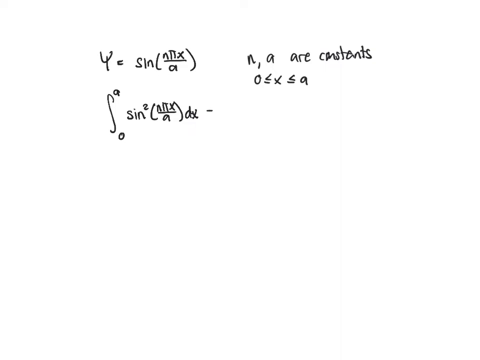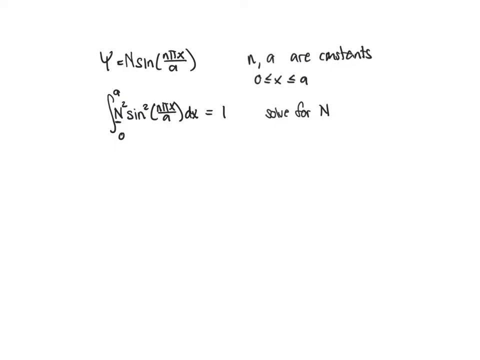And I want that to equal 1, but it's only going to equal 1 if there's some constant that multiplies the wave function. We'll call it n. And so psi times psi is n squared sine squared. So what I'm going to do is solve this integral and solve for n. This is how I find that factor which ensures that this integral equals 1.